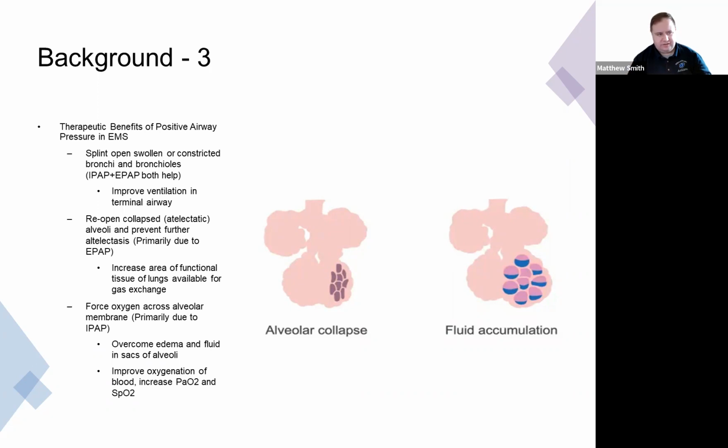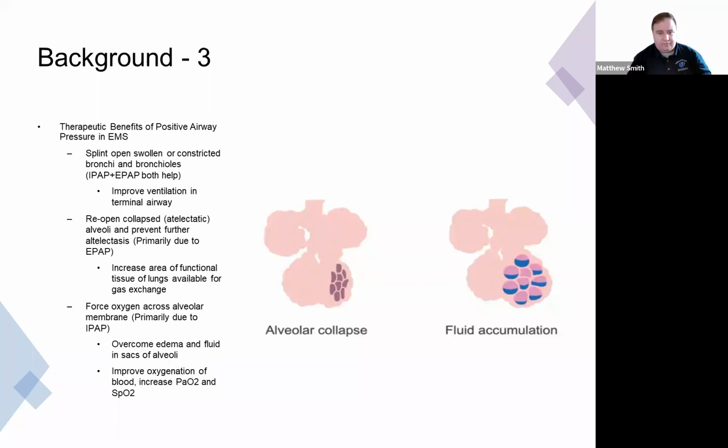It increases the volume of gas exchange a little bit, and it can help those patients breathe a little bit more easily. Okay, the second major thing that it does is it can reopen collapsed or atelectatic alveoli, and that's going to be a term that you definitely want to remember. So atelectatic means something that has undergone atelectasis.